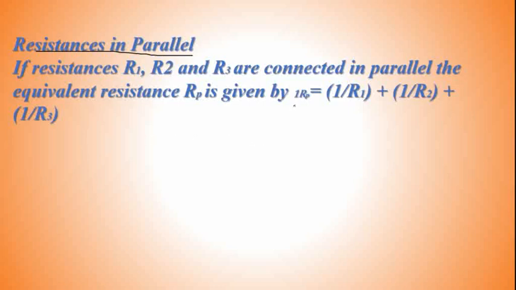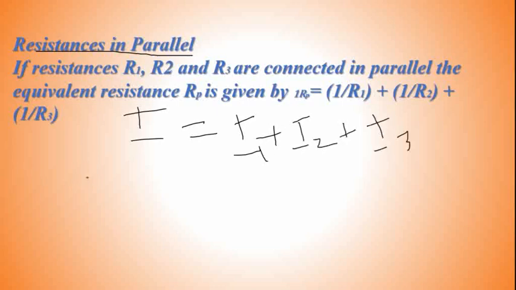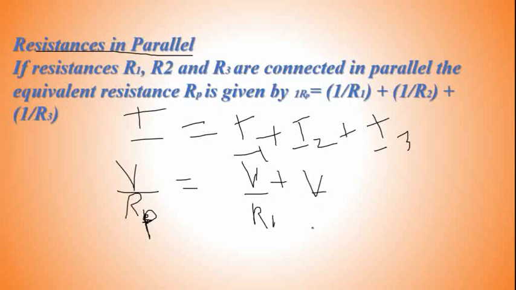As I have already said that I divides, so total current will be I1 plus I2 plus I3. According to Ohm's law, it will be V by Rp, that is, V by the resistance in parallel, equal to V by R1 plus V by R2 plus V by R3.